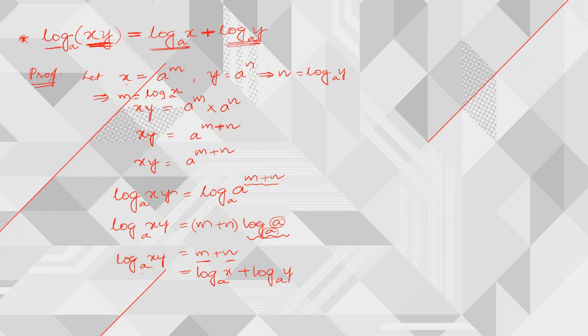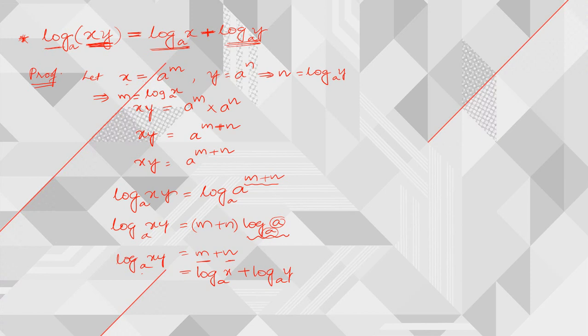So we have known from previous knowledge that whenever you have exponential form with equal bases, the powers are added. So x into y is equal to a power m plus n, and based on this we get this proof. So log of x into y to the base a is equal to log x to the base a plus log y to the base a.